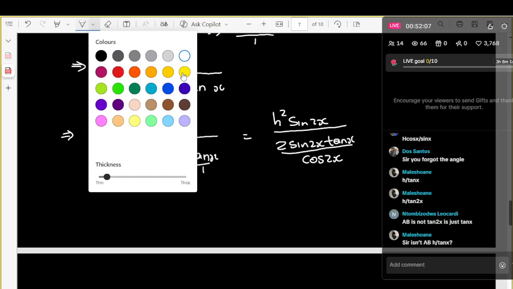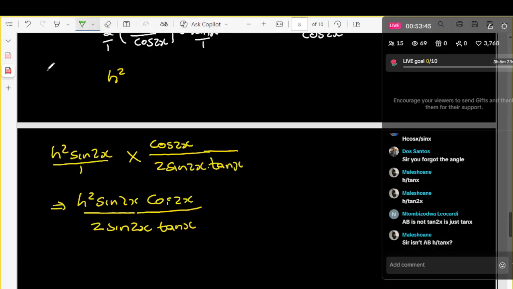Now let's cancel the like terms. If we cancel the like terms, we should have our final answer. Let's see what we get there. This and that cancel. So we can see that we've managed to prove the area that they are looking for. Therefore, this is h squared, the cos 2x, everything divided by 2 the tan of x.